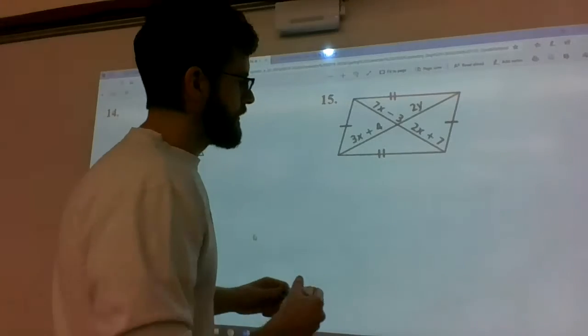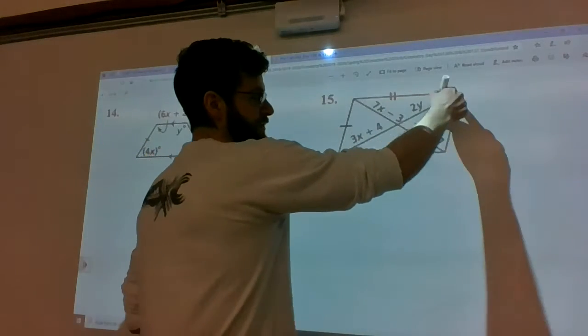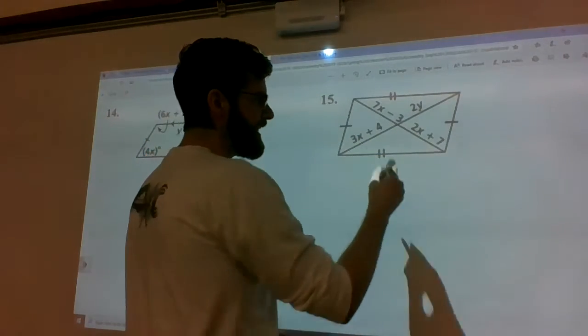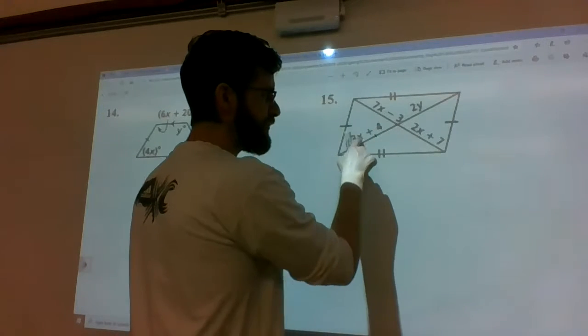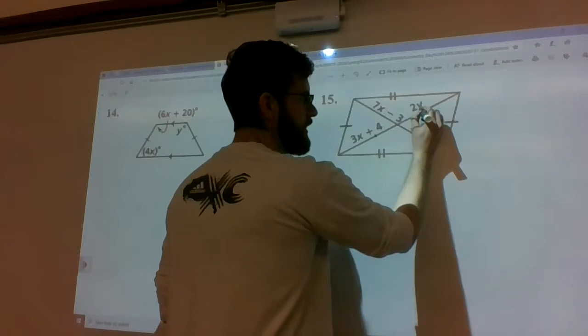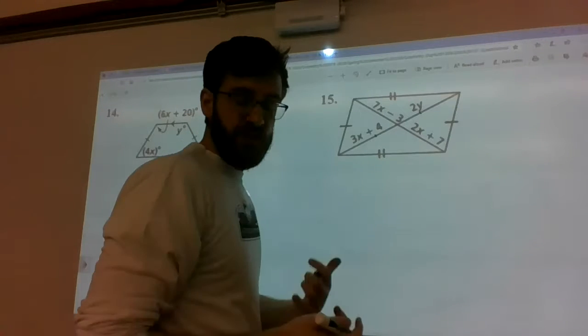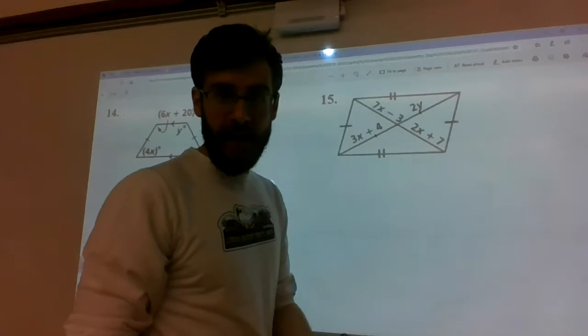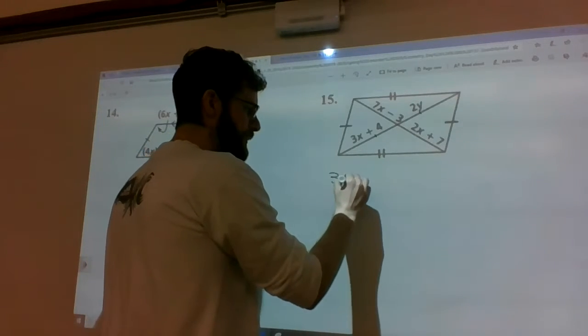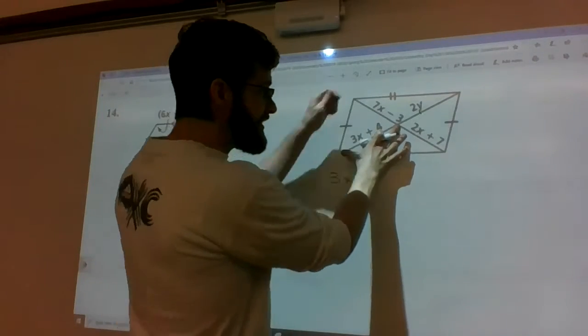So it means that these diagonals cross each other. That means that 3x plus 4 is equal to 2y. That's just how parallelograms and their diagonals work. 3x plus 4 is equal to 2y.